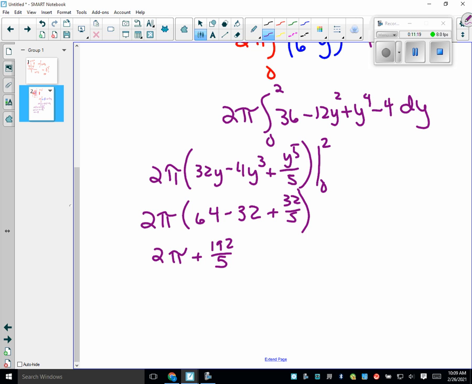Then 2 pi times. Yes, not plus, times. I was so worried about getting that number right that I lost my... 384 pi over 5. Is it cubic units? It is cubic units.